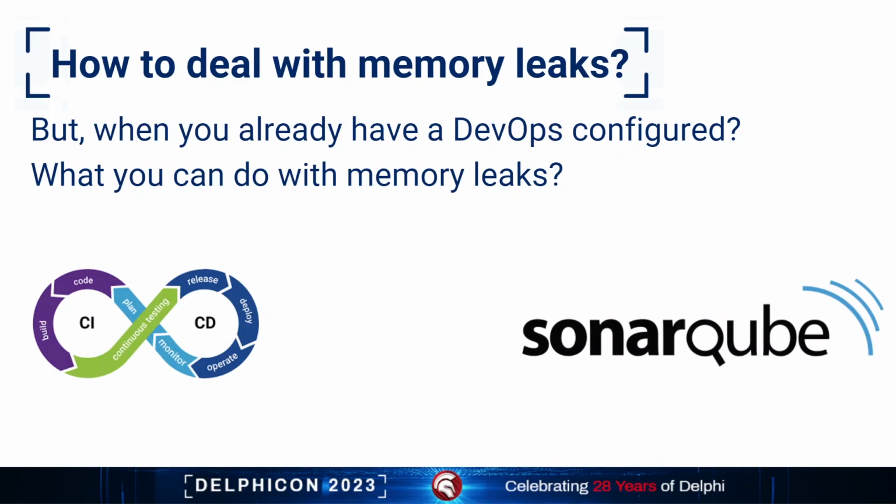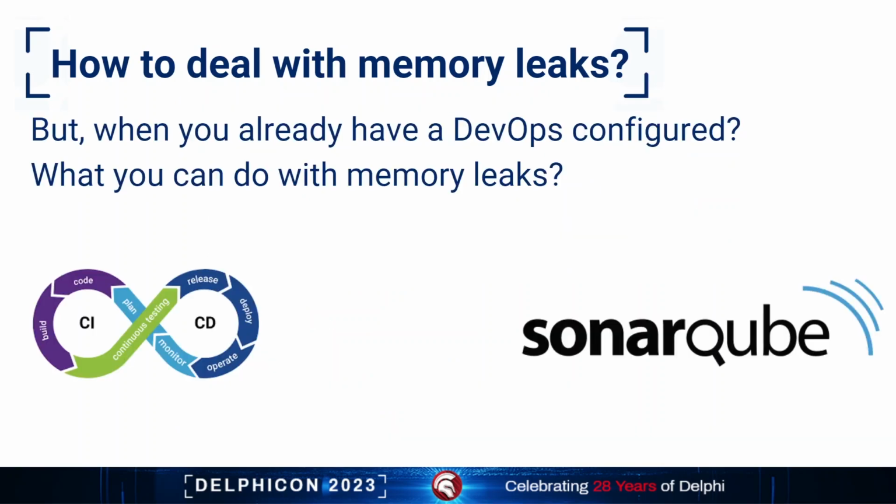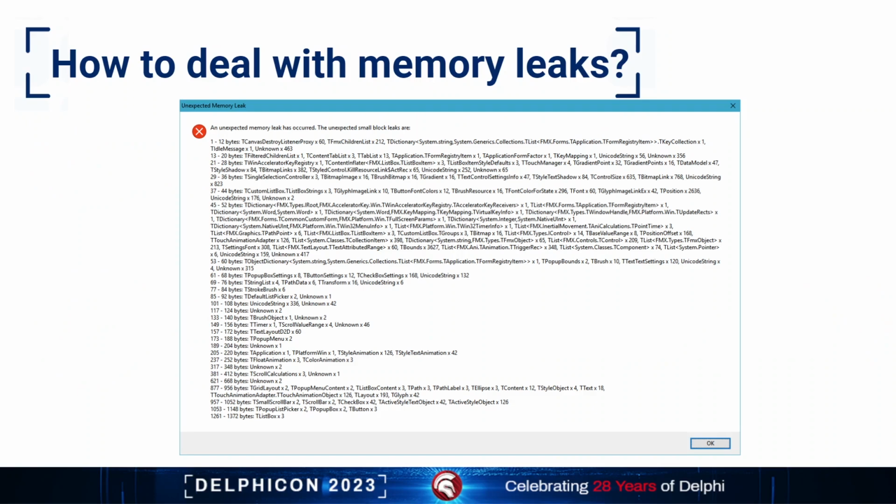And after that, for every new piece of code that you write, you block any new memory leak. And with some time, we go back to your previous list of memory leaks and solve them one by one. But again, even with these tools to map and not allow new memory leaks, you still have this large amount of memory leaks, and you have to deal with it, you have to solve it.